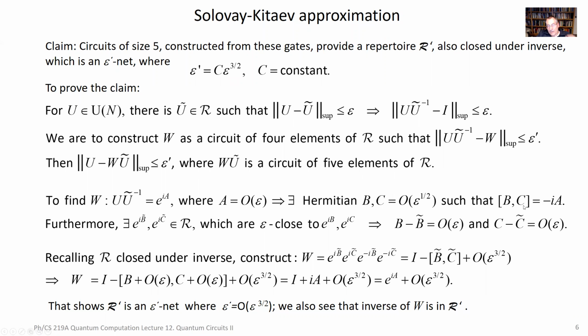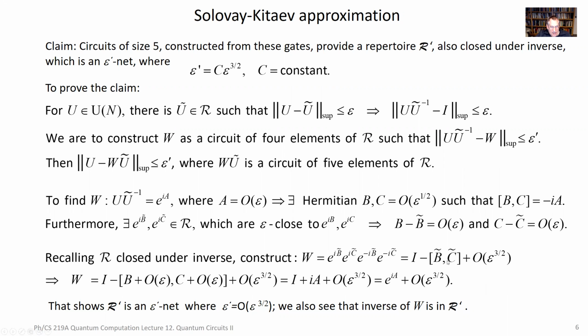Okay. And of course, I made this remark before, but the new repertoire is also closed under inverse, because in R we had in the repertoire the inverses of all the elements. So any circuit that we can construct, in particular the circuits of size 5, the inverses of those circuits are also in the repertoire.